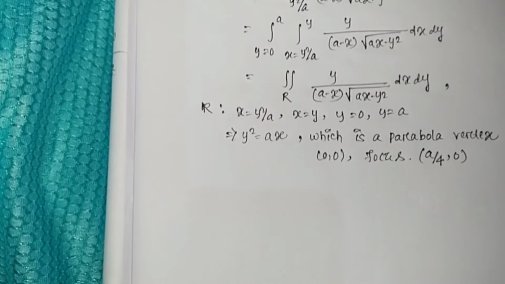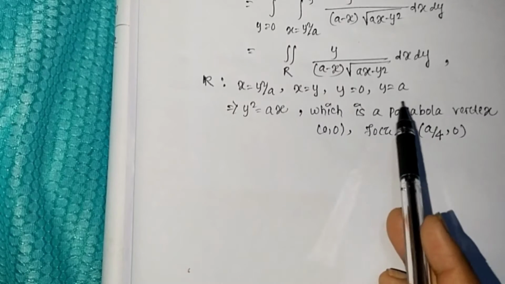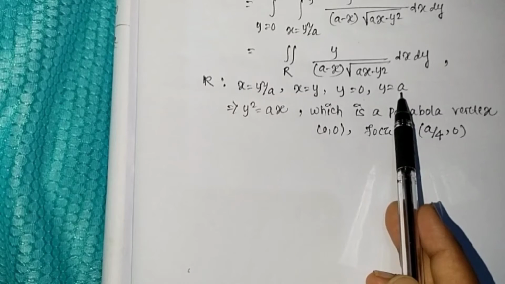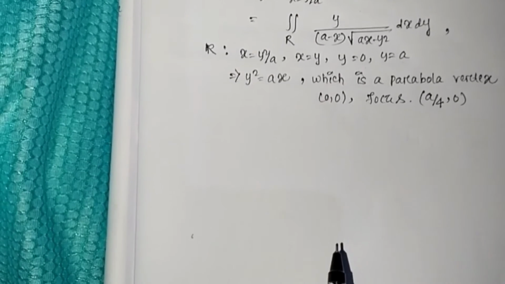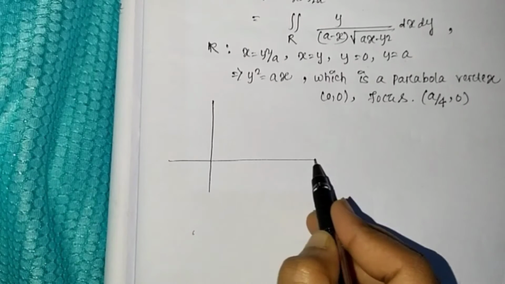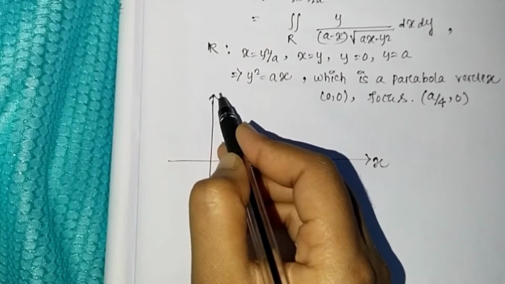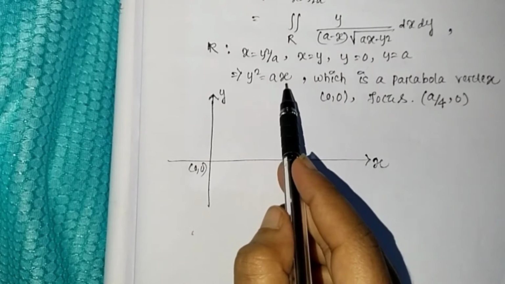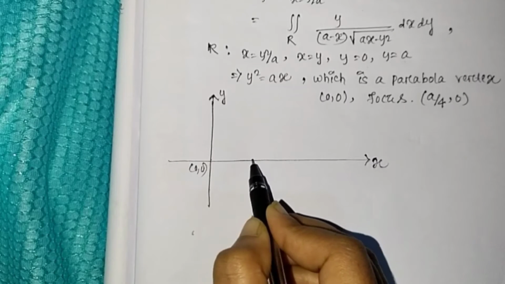Then we draw the diagram. x equal to y is a straight line passing through the origin, y equal to 0 is our x-axis, and y equal to a is a line parallel to the x-axis. So first we draw the diagram: this is our y-axis and this is our x-axis. This is our origin, and y² equal to ax is a parabola with vertex at the origin and focus at (a/4, 0).